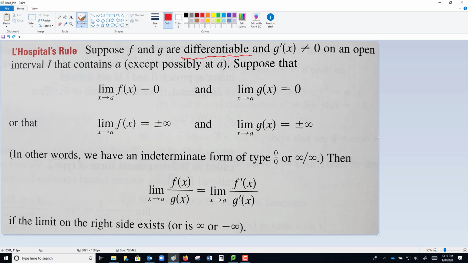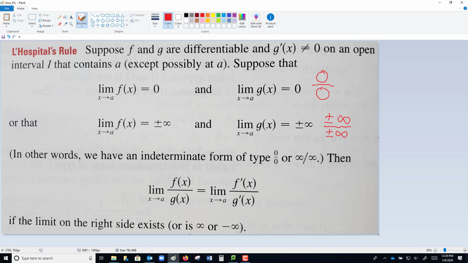But taking these, if we have either f of x being 0 in this limit and g of x equals 0 in this limit, notice what they're going for is discussing the 0 divided by 0 form, or if they both are equal to positive or negative infinity. So that's our other indeterminate form that we discussed before, infinity divided by infinity.